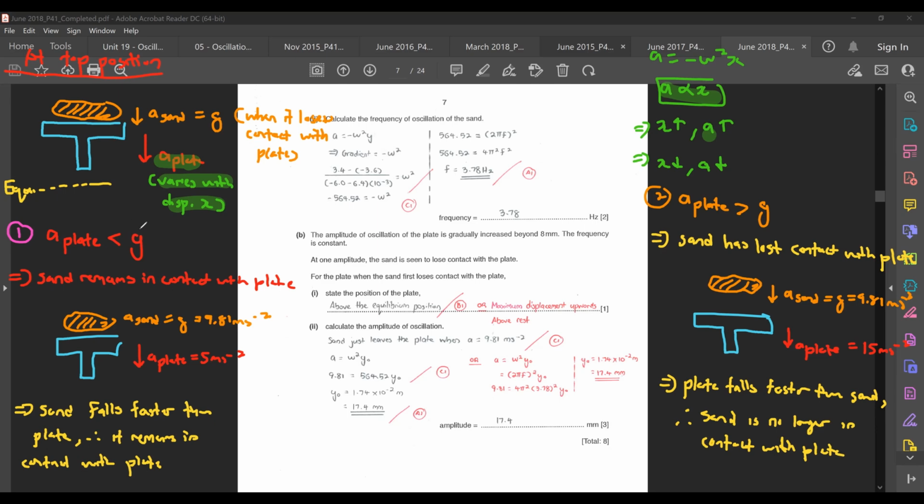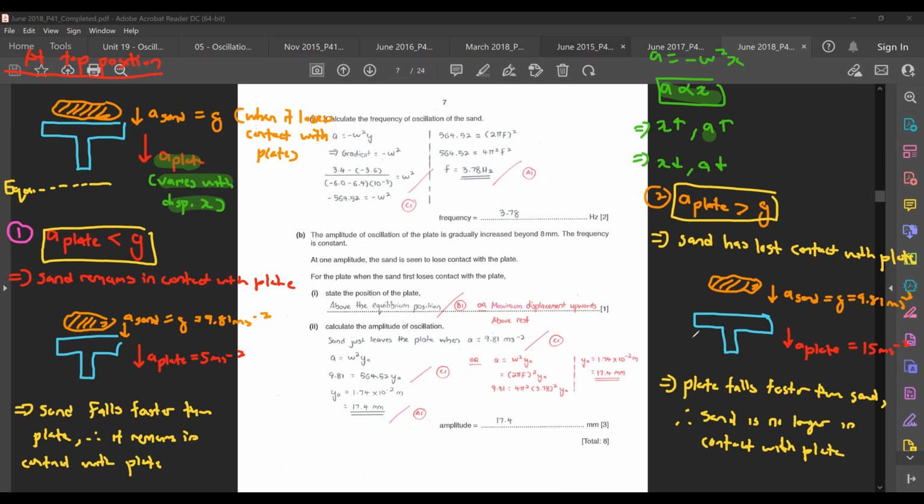Now, between this one and this one, these are the two extreme cases. If the acceleration of your plate is less than gravitational acceleration, your sand will still remain in contact. But on the other hand, if the acceleration of the plate is more than gravitational acceleration, your sand will start to lose contact with the plate. Okay, it's already no longer in contact with the plate.